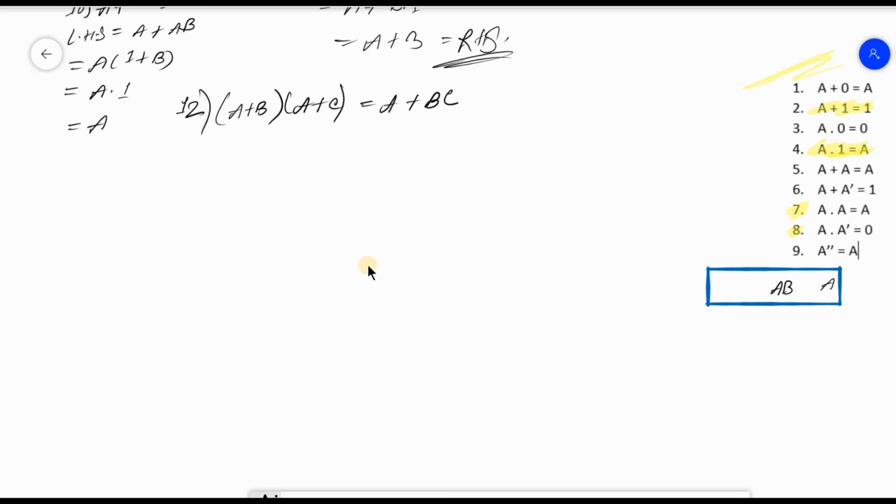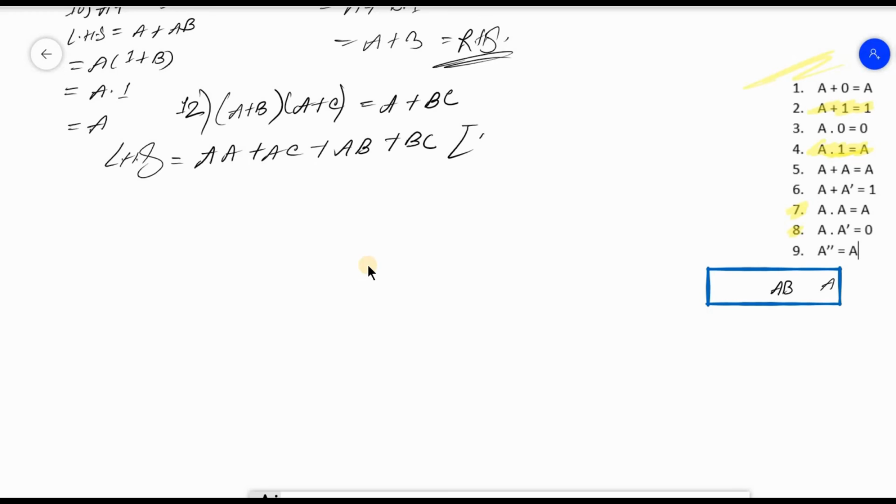So we will start again from the left hand side. In the left hand side we are given this one, so we will expand it first with the help of distributive law. AA plus AC plus AB plus BC.